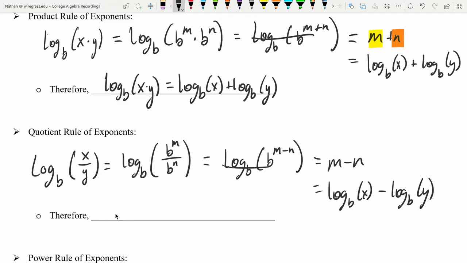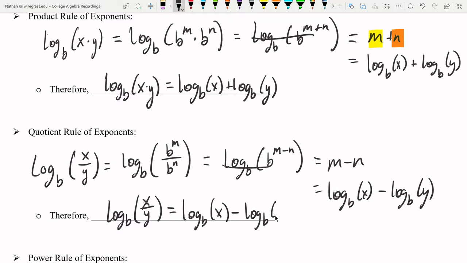So the quotient rule says that if we have a division on the inside of a logarithm, I can split this up into two logarithms that are subtracting. So multiplication went to addition, and division went to subtraction.